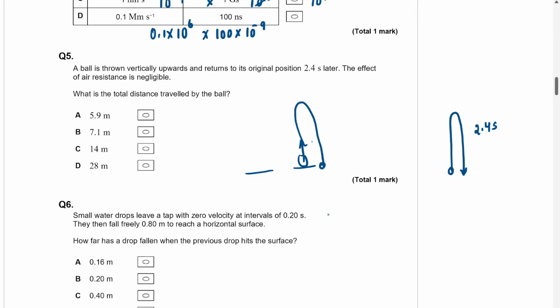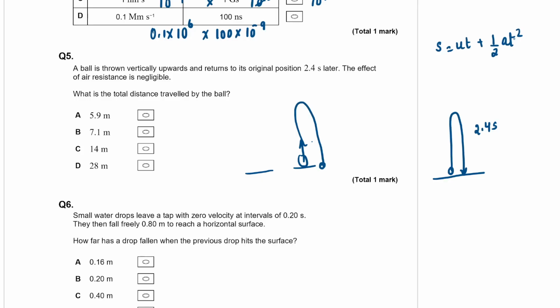Okay, so to calculate the total distance traveled by the ball, I am going to use this. If I use s equals ut plus half at squared, this equation will give me displacement.